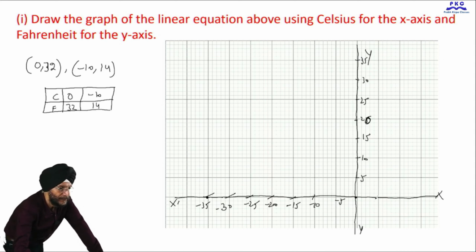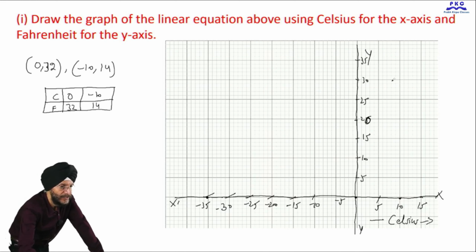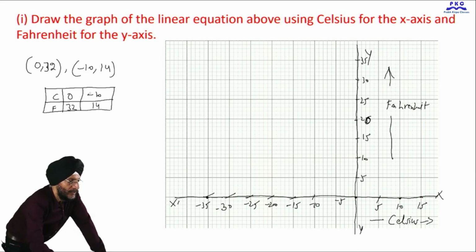So now this is 5, 10, 15. Here it is shown Celsius. Celsius is shown here. What is shown on this side, the y-axis? It is Fahrenheit, shown here.